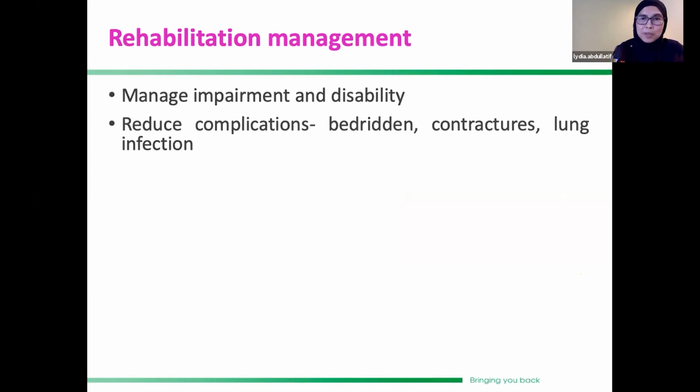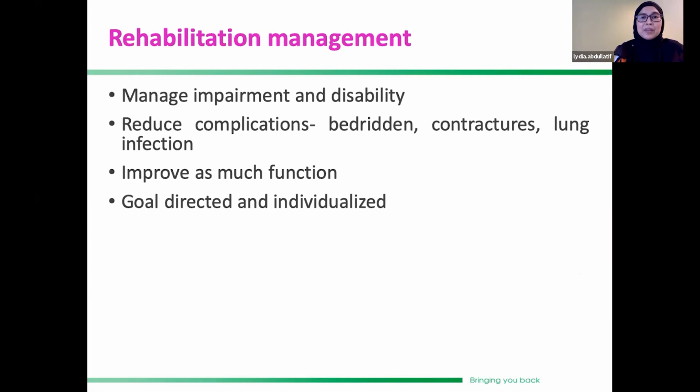So we do not want patient to be too early being confined to bed, what we call bedridden. We do not want them to have contractures. And of course, we want to avoid them having a lot of secretion that can lead to lung infection. We want to improve as much function as possible at par with their level of impairment.